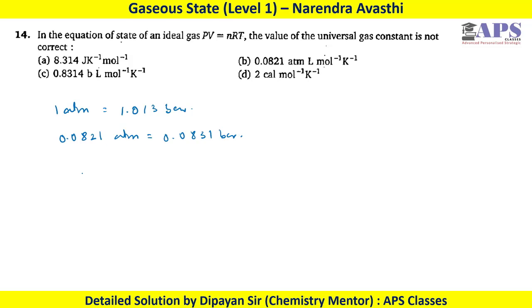The unit of R is 0.0821 liter atm Kelvin inverse mole inverse, and it is equal to 0.0831 liter bar Kelvin inverse mole inverse. So option C will be the correct option.